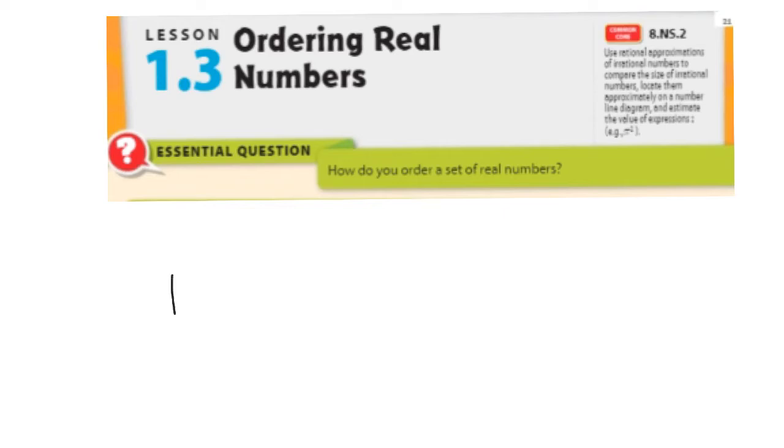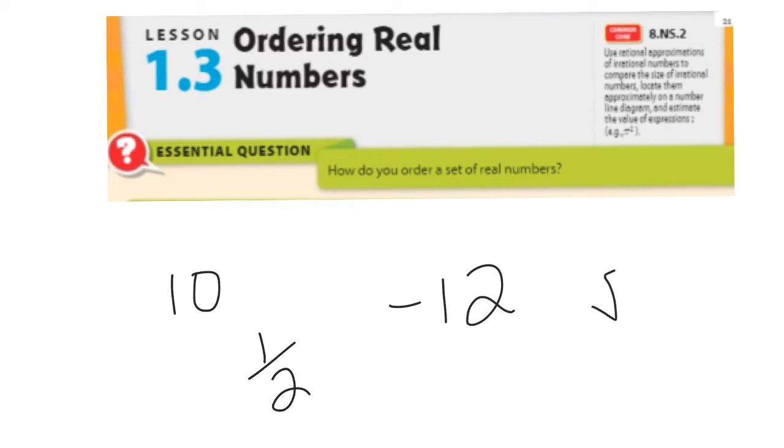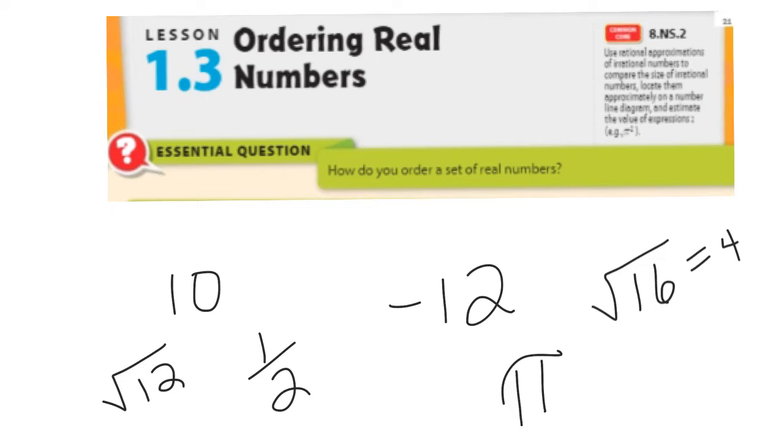They're numbers such as 10, -12, 1/2, the square root of 16, which by the way is actually 4, and the square root of 12, which is a decimal, pi, which is a decimal.